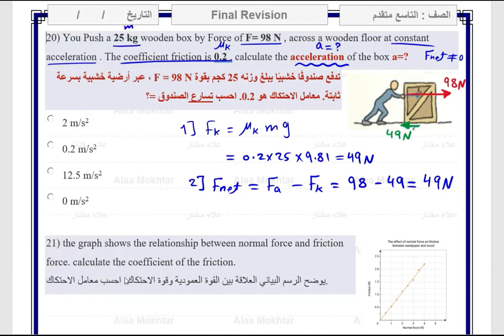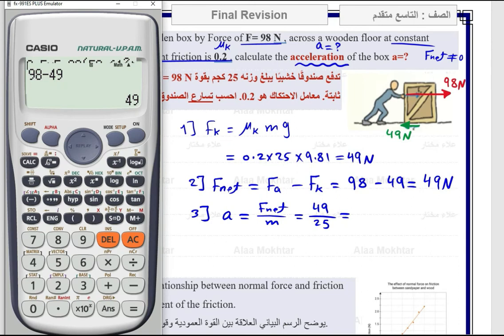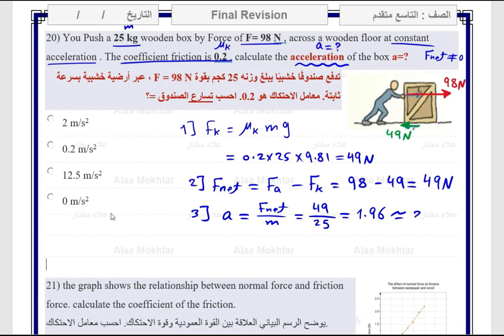The third step is acceleration, from Newton's second law, equal to F net over mass, 49 over 25. Using the calculator, the answer is 1.96, which is near to 2 meter per second square.